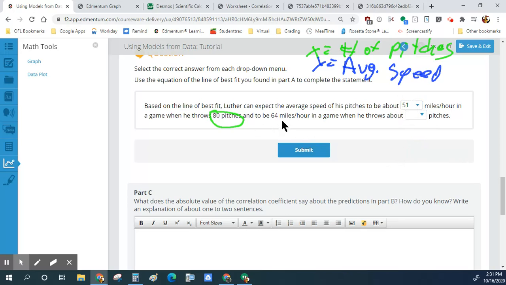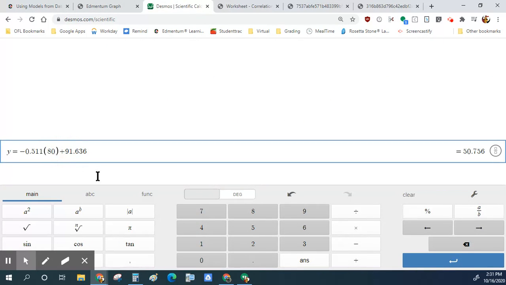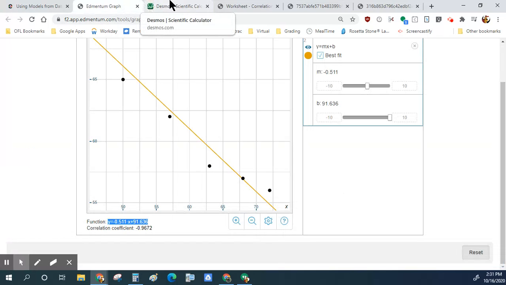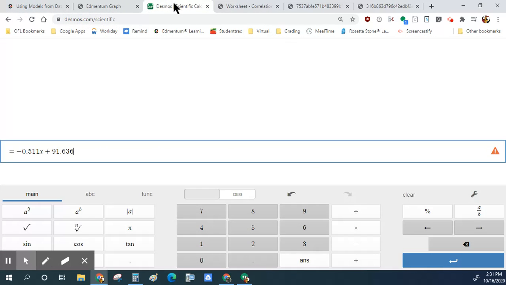And this is our y now. So now we're going to have to enter our y and solve for our x. I doubt Desmos is this fancy, but let's find out. And we are going to make this 64. Yep, Desmos is not that fancy.